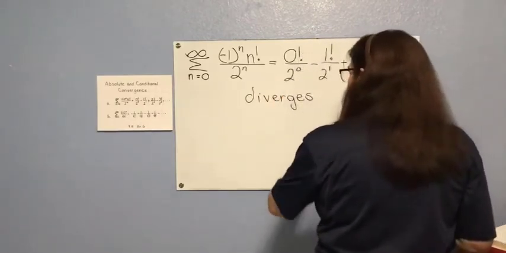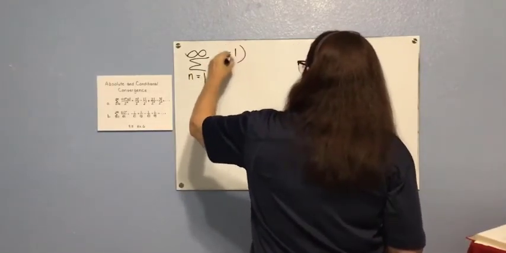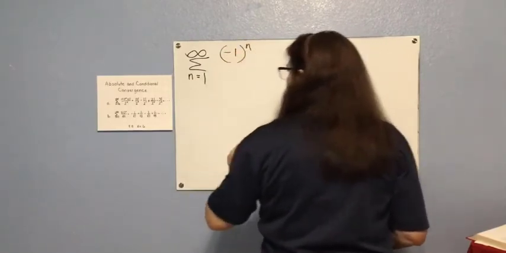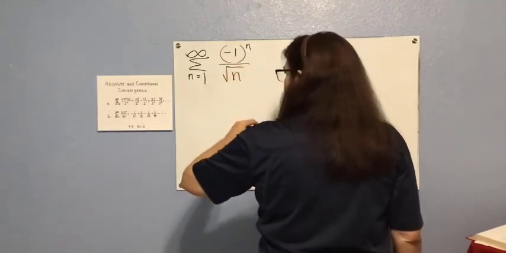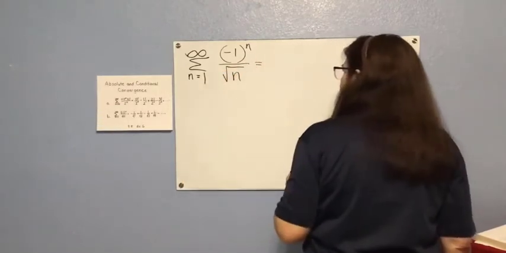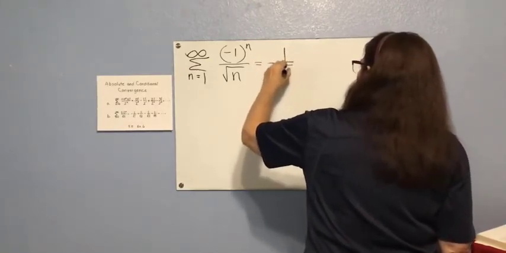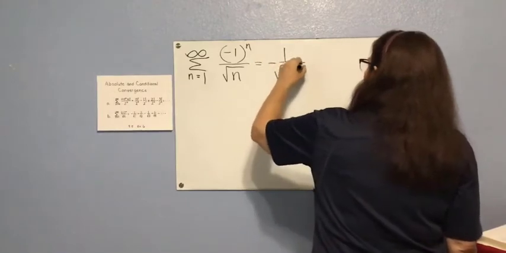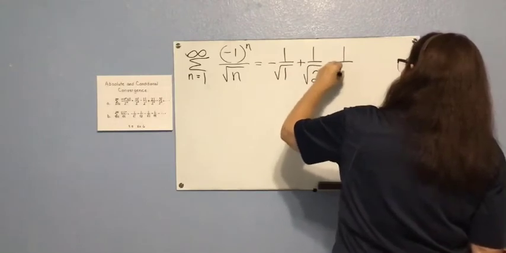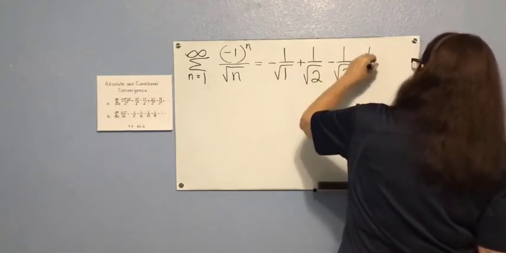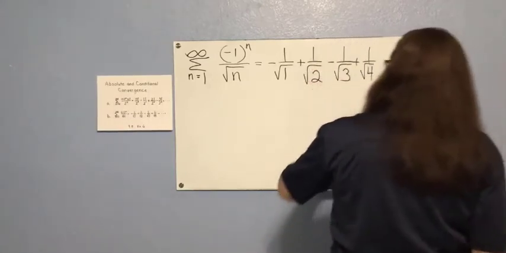Okay, let's look at the other series. The first few terms here would be negative 1 over square root of 1 plus 1 over square root of 2 minus 1 over square root of 3 plus 1 over square root of 4 and so on.